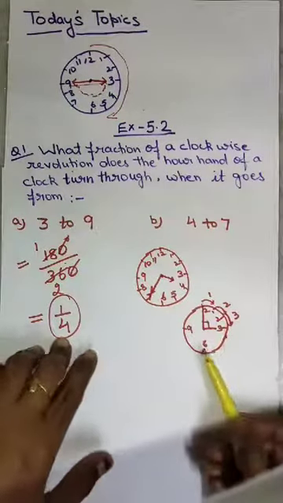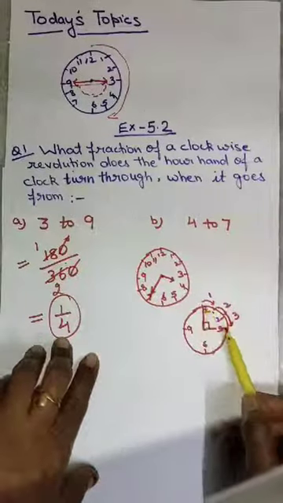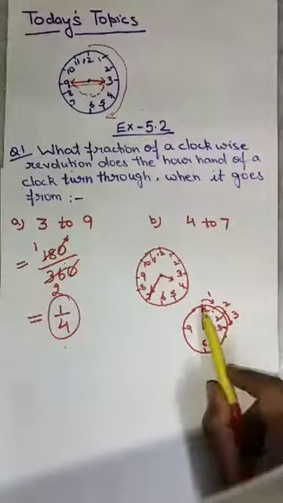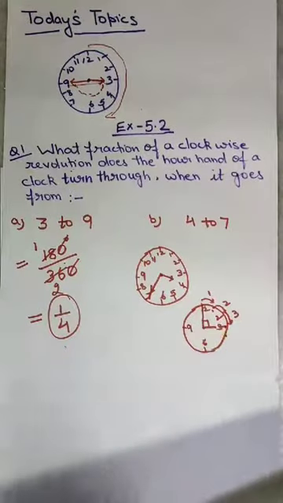When we are moving from 12 to 3, there is a gap of 3 numbers, and this gap forms the right angle, 90 degree angle. Means if there is a gap of 3 numbers, our clock hand makes a 90 degree angle.